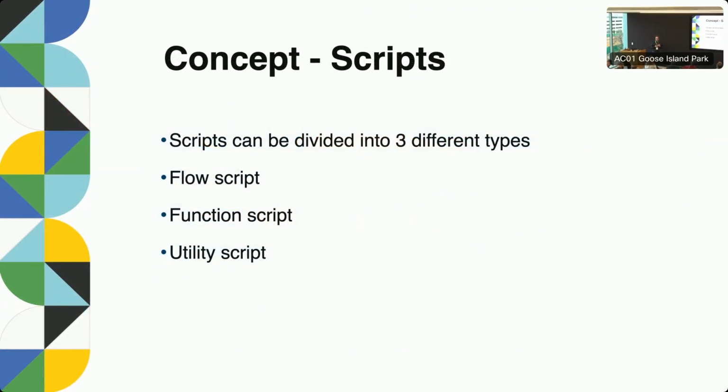The flow scripts are those you build where you identify problems in the business and say, okay, we can automate this by doing this and that, right? But in order to do that flow, there will be some functionality that you need to do in between. And the functionality is like the function scripts.